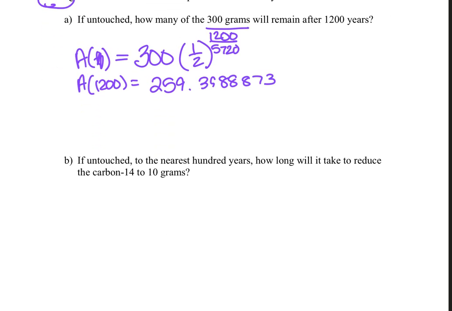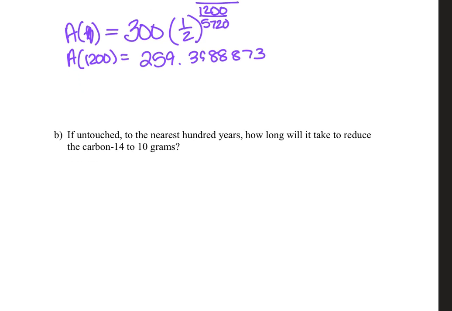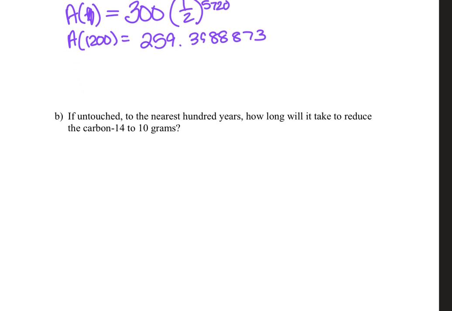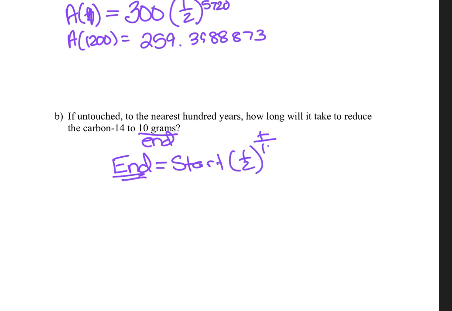Next: if untouched, to the nearest 100 years, how long will it take to reduce the carbon to 10 grams? This is considered the end value. Remember the way we set up the formula: the end value goes on this side, the start value goes next to the base, and then we put time over half-life.